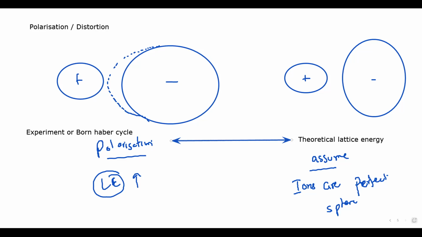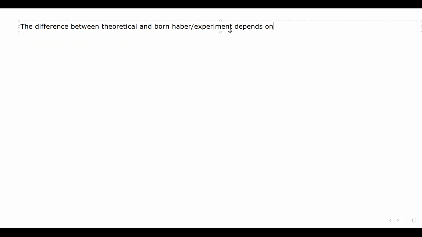The difference between the theoretical and the Born-Haber, or we can also say experimental, depends on three factors.